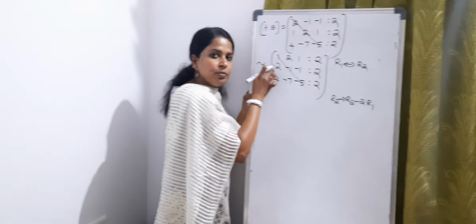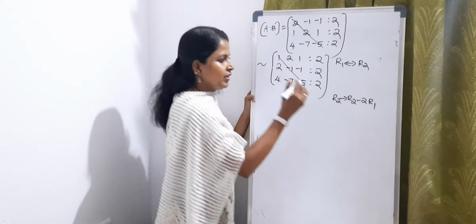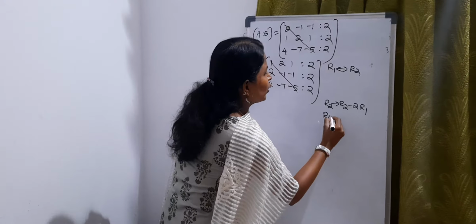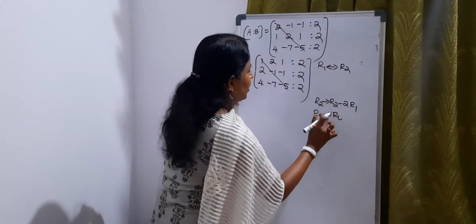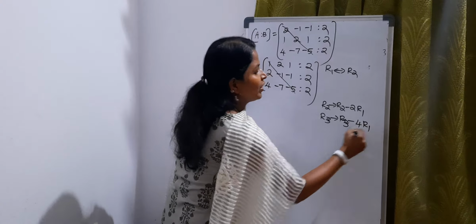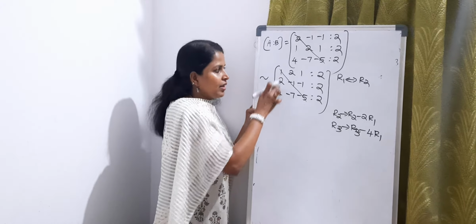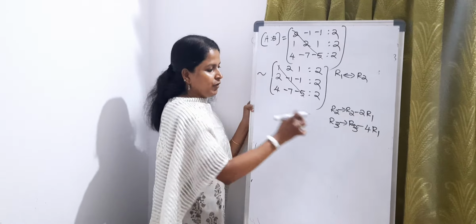So R2 minus 2 R1. Then here 4 minus 4 into 1. That is R3 gives R3 minus 4 R1. 4 in R3, R3 minus 4 into R1.